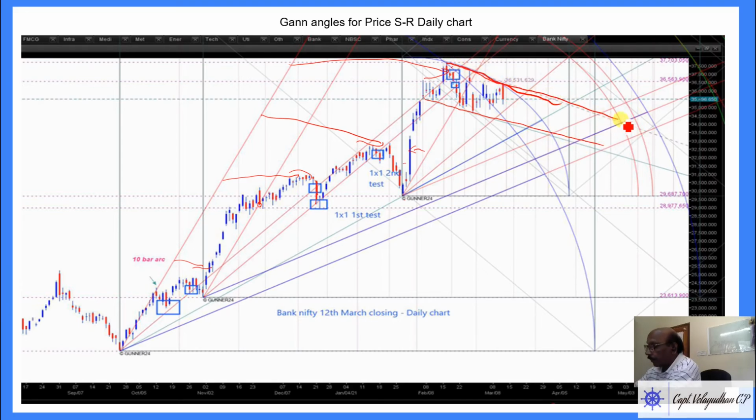So maybe price may take some time to rest here, may break up. So this is the way I see it: market is strong bullish, but slightly exhausted now. So it is taking a sideways move.